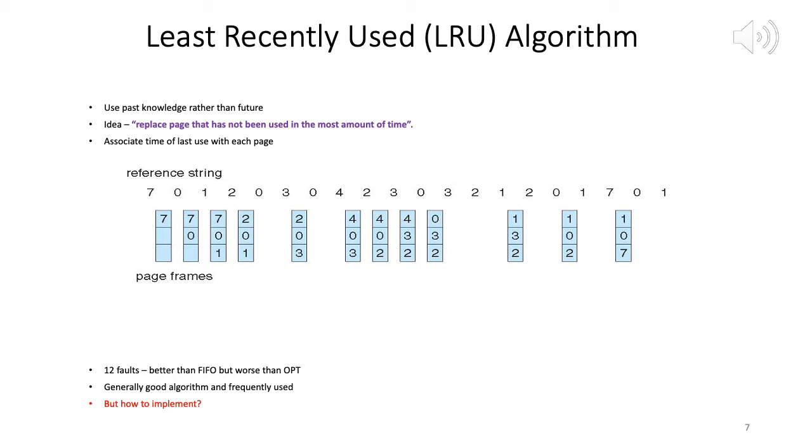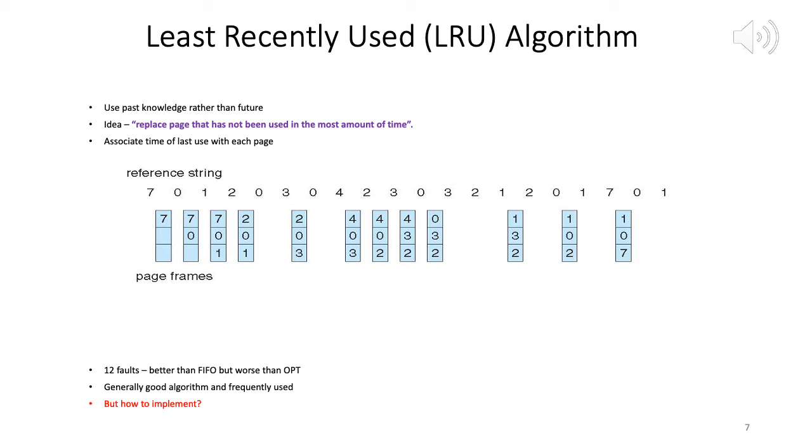Okay, which means that the idea here is, if a page has not been used for a relatively long amount of time, then it is likely that it is not going to be used in the future also. So that is the approximation.